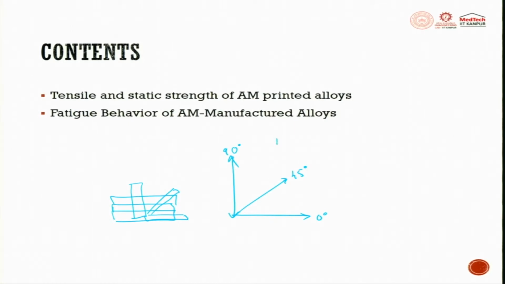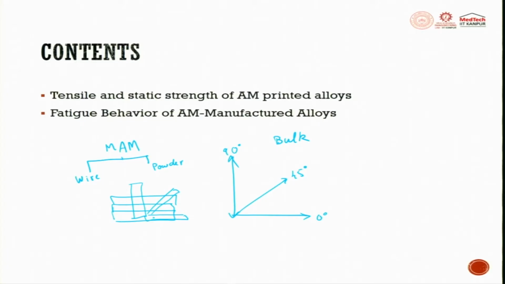This is bulk and this is the AM part. Again, in AM you have 2 classifications, starting material powder and starting material wire, and we are more focused towards metal. So, you will get different properties, and this will dictate the efficiency of the component when it is put to real use.